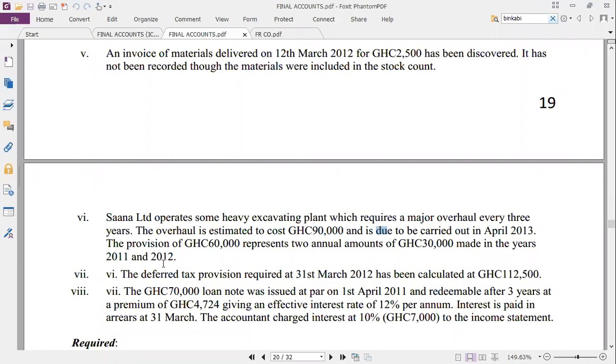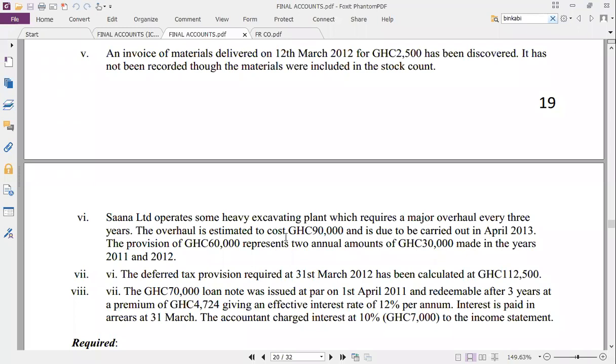Good, towards the 90,000. Now, the amount that they need is 90,000. They don't need 60. The total cost of the overhaul is 90, not 60. So that means they shall make sure that their provision is up to 90, not the 60.